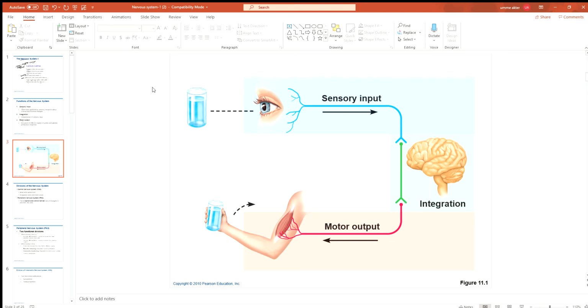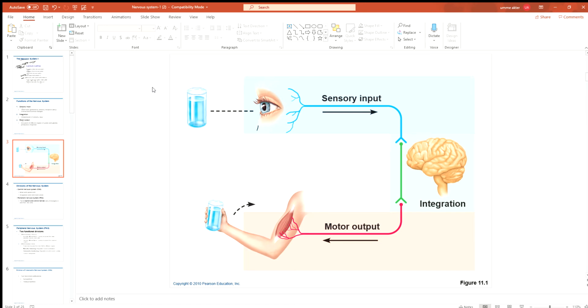Sensory inputs, let me give you a couple of examples. When you see something, like you are thirsty or looking for a glass of water, so when you see a glass of water, you have the retina in your eye, and retinal photoreceptors will receive that signal, the picture.